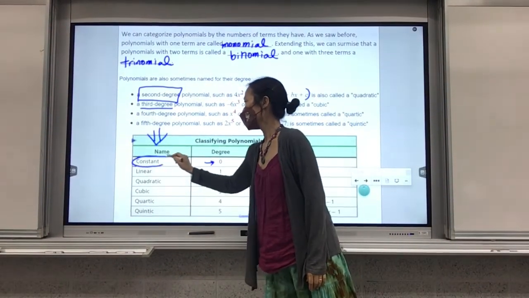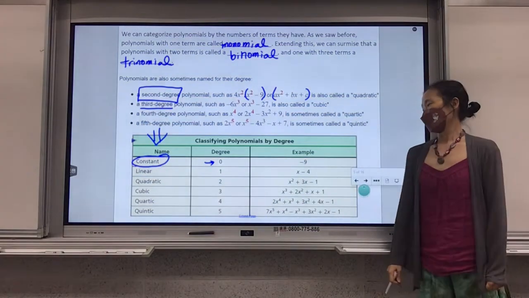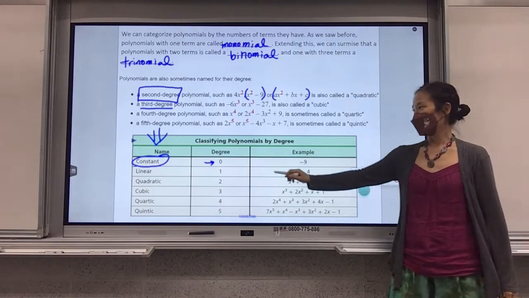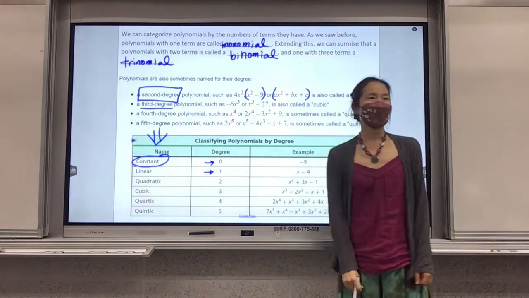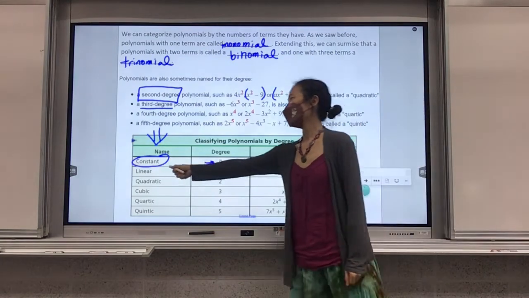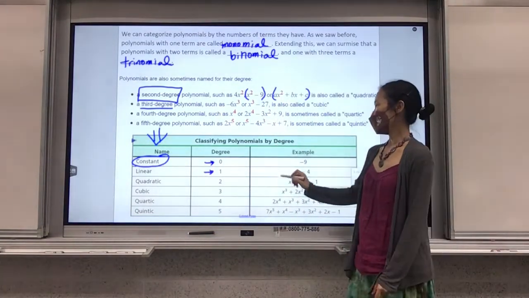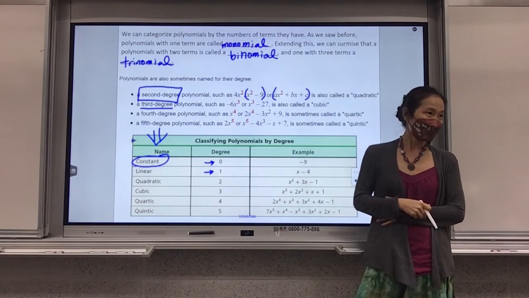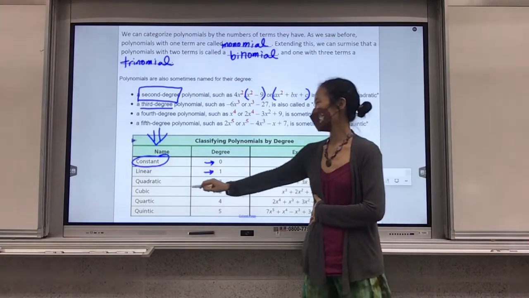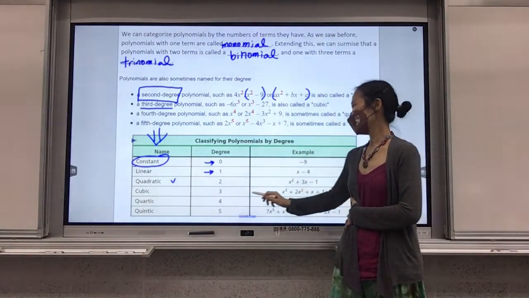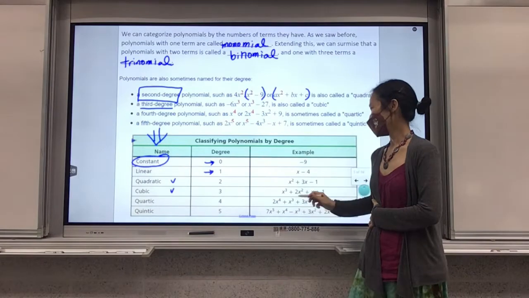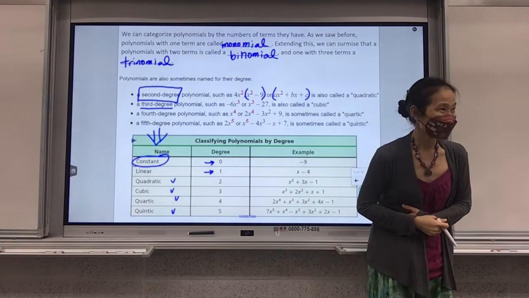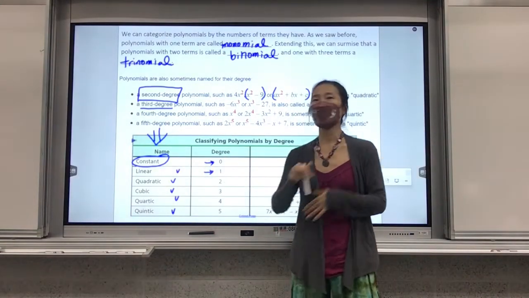This is called the constant. x minus 4, that's degree 1, and that's what we know as linear, mx plus b, so x to the power 1. When you have x squared, it is quadratic. x cubed, cubic. x to the power 4, quartic. Degree 5, quintic. So these are the names that you need to understand as well.